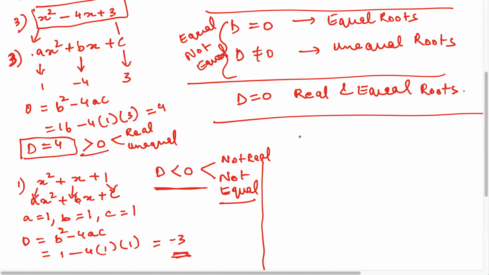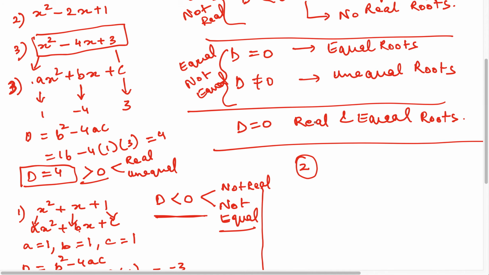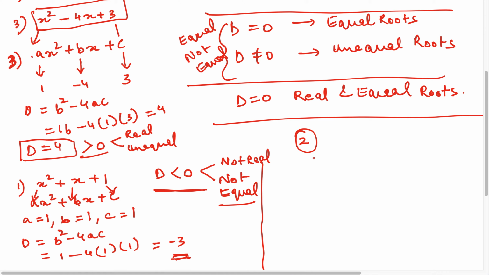Now let's solve example 2. Example 2 is x square minus 2x plus 1. Compare this to the standard form, which is ax square plus bx plus c. What is the value of a? A equal to 1. What is the value of b? B equal to minus 2. What is the value of c? C equal to 1.